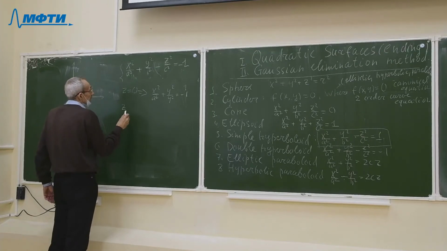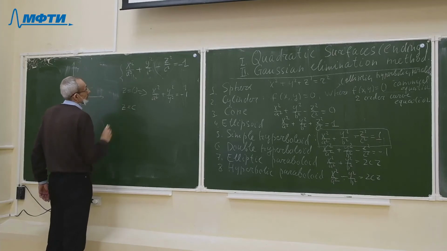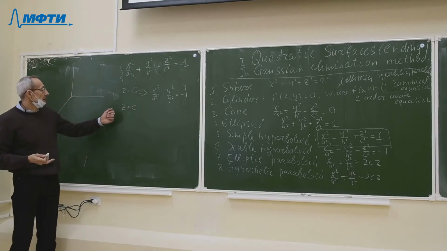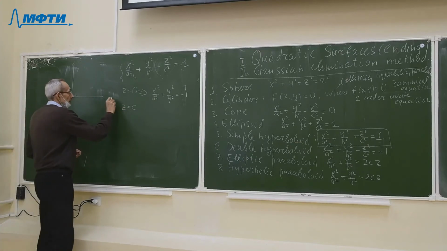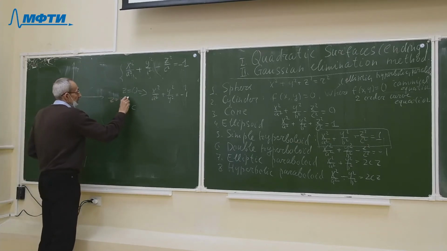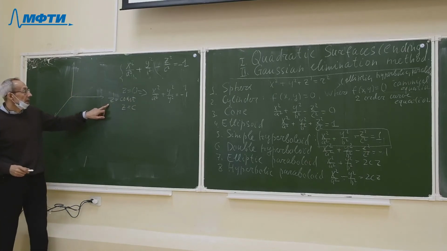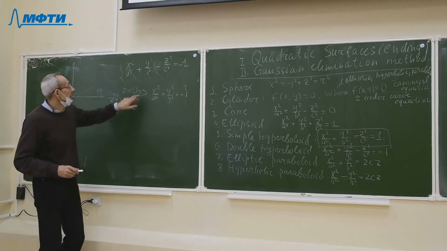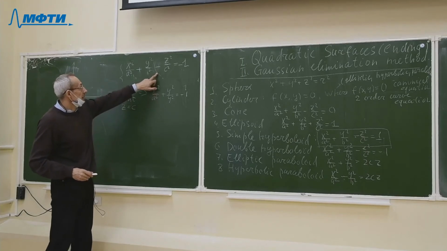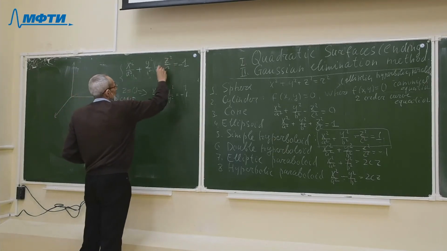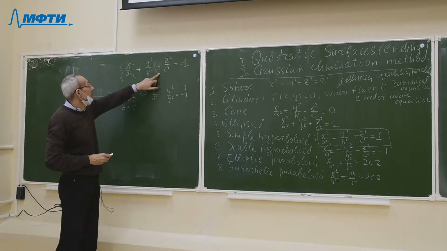If z is equal to some constant, and this constant is less than or equal to c in absolute value, we obtain in this case the empty set, because this term is less than unit.